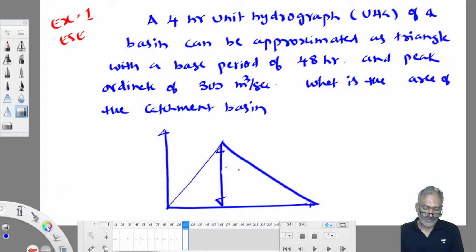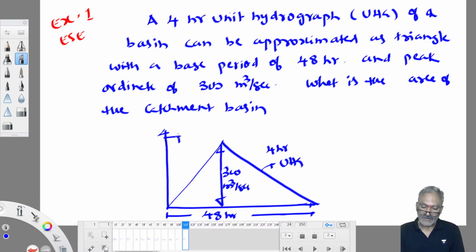Of course, he has given options. At a base of 48 hours. The 4-hour unit hydrograph represents a 4-hour storm, so we'll write here: storm duration, 4-hour storm.